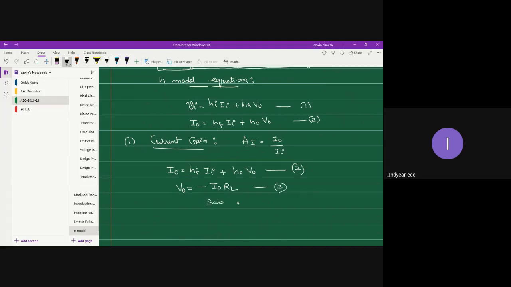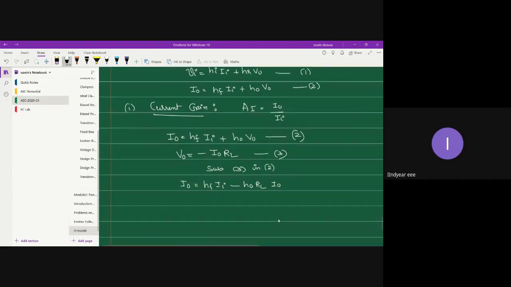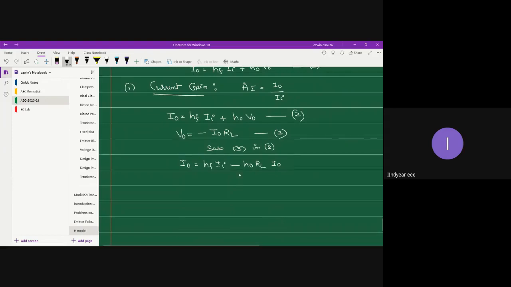Then substitute 3 in 2. So you would get I naught is equal to HF II minus H naught into RL into I naught. Now you can group the like terms together.